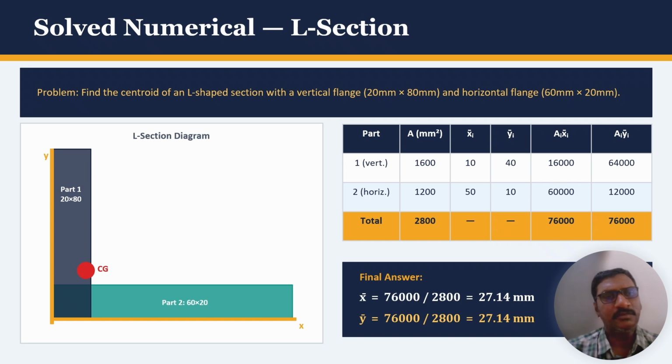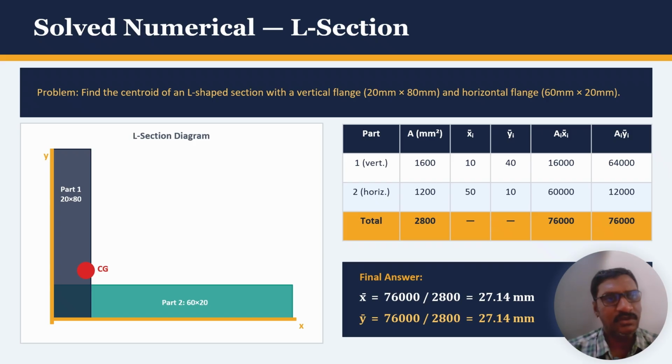However, in our table, we have x bar 2 equals 50 mm. This would be the case if the horizontal flange starts at x equals 20 mm. That means it starts where the vertical flange ends. Let me clarify both interpretations and use the values shown in our table. X bar 2 equals 50 mm, y bar 2 equals 10 mm.